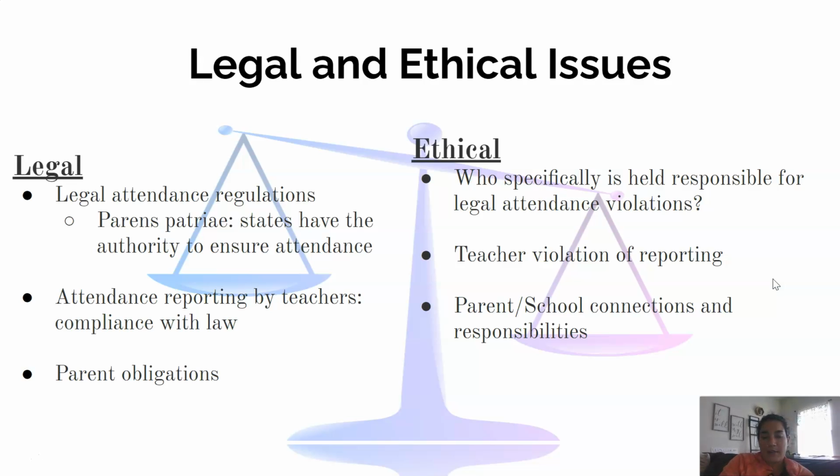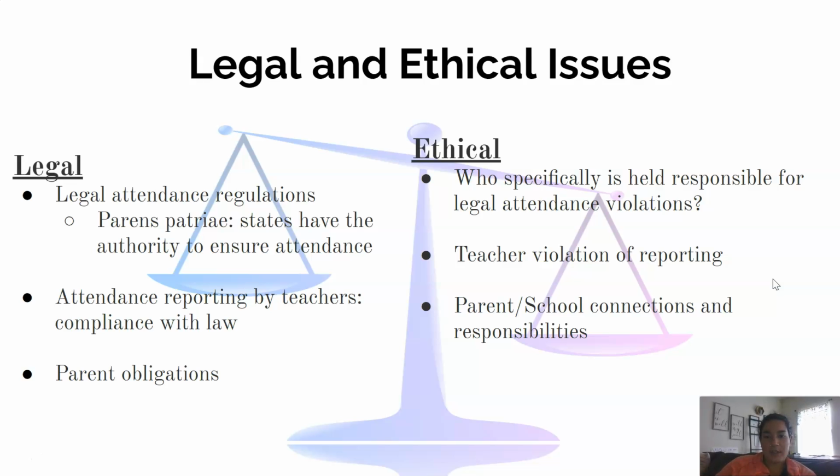This statute recognizes the well-being of communities and states when we have educated citizens. And so it is the parents' legal obligation and the school's obligation to make sure kids are attending school. And then we also have this attendance reporting by teachers. It is a legal obligation of educational professionals to be in compliance with attendance laws. In other words, teachers have the legal obligation to record attendance and record it accurately.